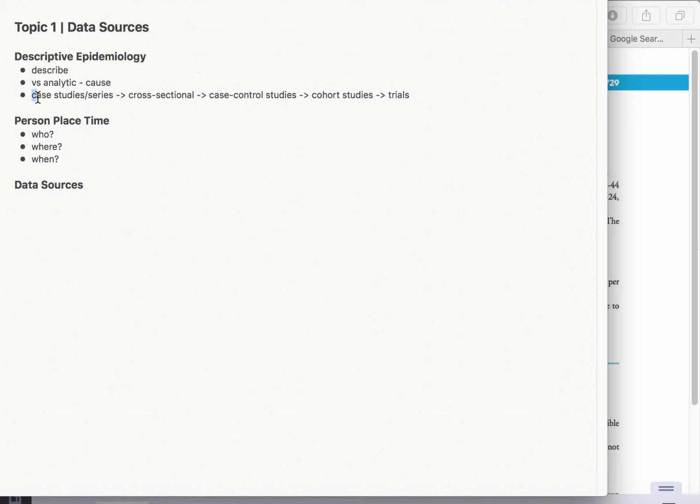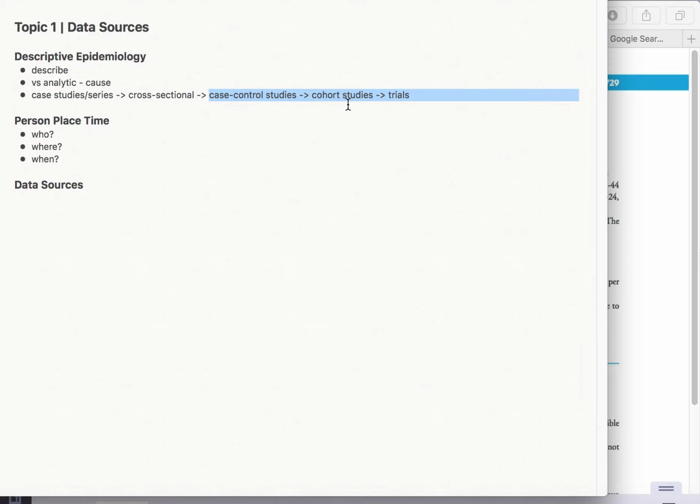So descriptive epidemiology, not a hard and fast rule, but tends to live in these early parts of our epidemiologic investigation of something. An analytic that looks at causation tends to live in this later part. And there is some overlap. They are not neat silos that are separate, but we tend to progress along this spectrum as we're doing epidemiologic studies.